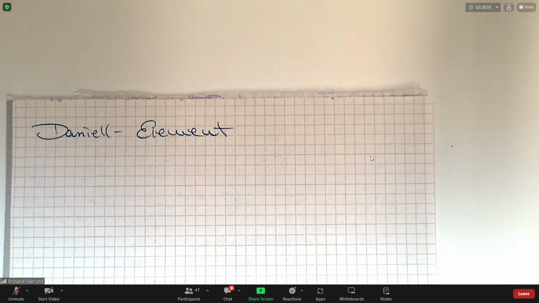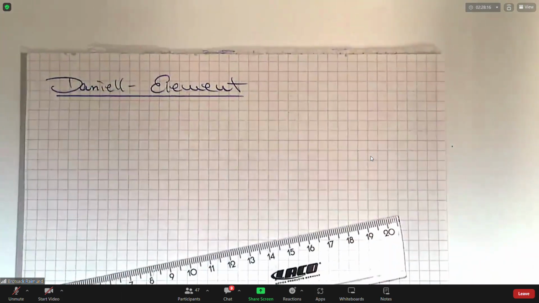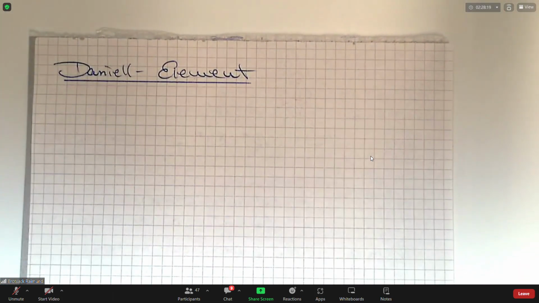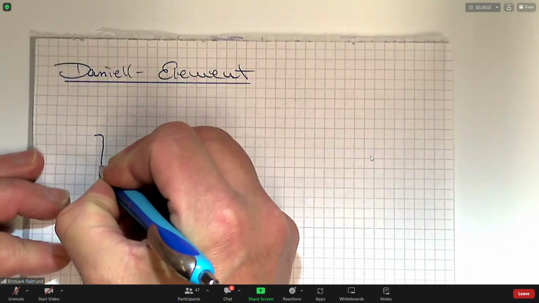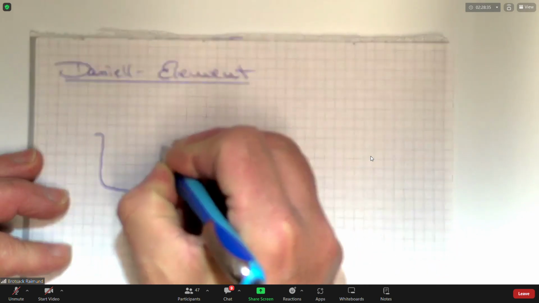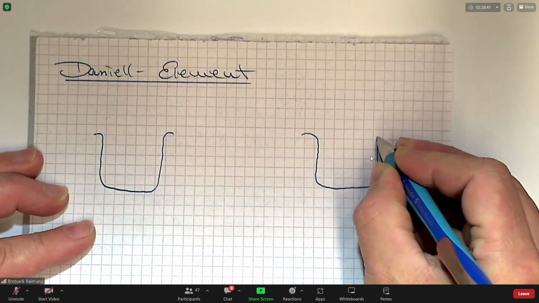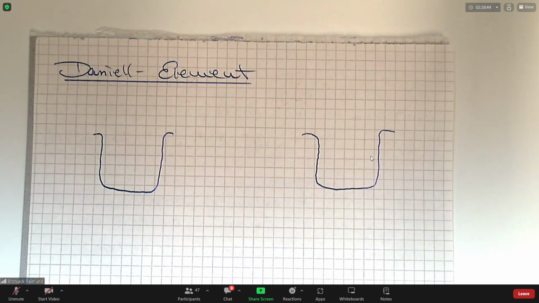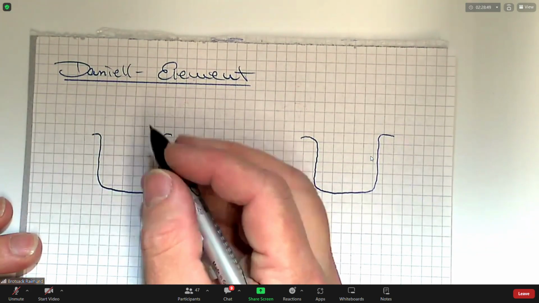Daniell element. Mr. Daniell was the inventor, or he found it first. We separate those two systems in two different beakers. We have one beaker on the left side, and we have one beaker on the right side. On the left side, we have just the system zinc and zinc 2+.